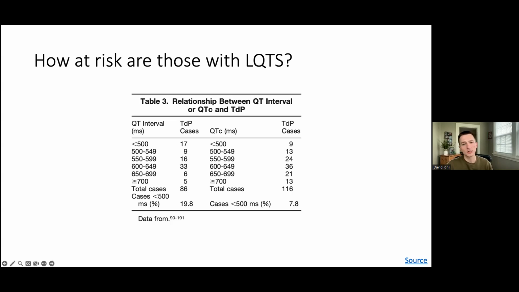So 92.2% of all cases of torsades in this study occurred in individuals whose corrected QT was longer than 500 milliseconds. So I think, with these data, we have our best argument to suggest that that is a reasonable threshold at which to be concerned. But again, we are extrapolating from populations who have known genetic defects resulting in long QT syndrome.